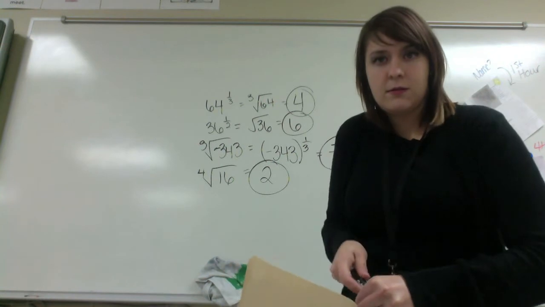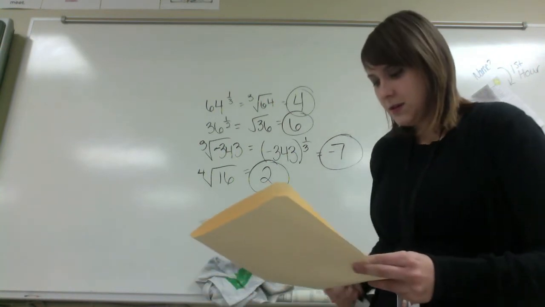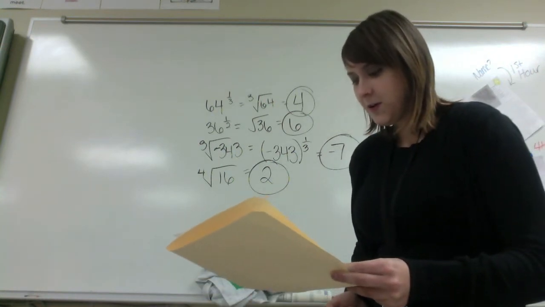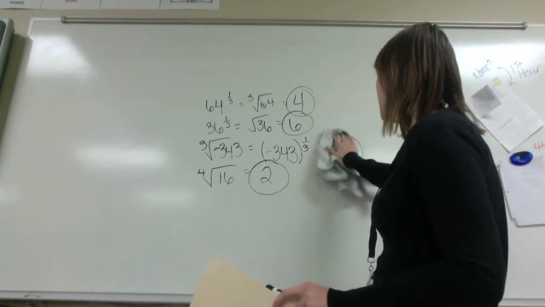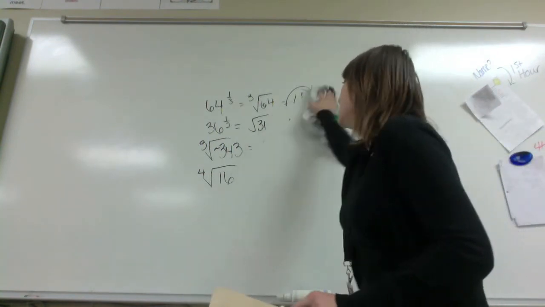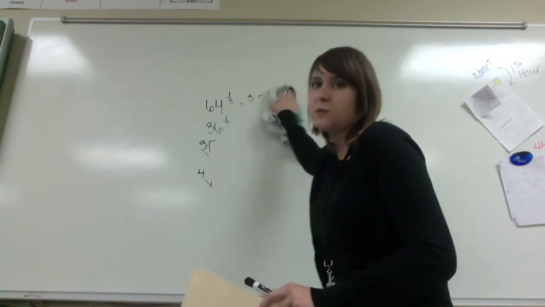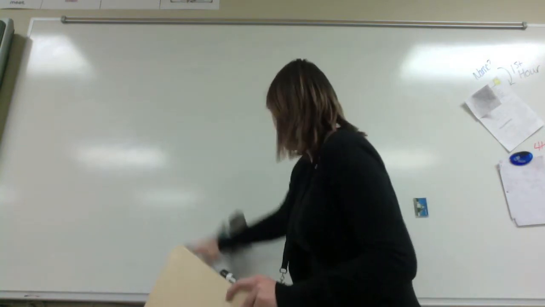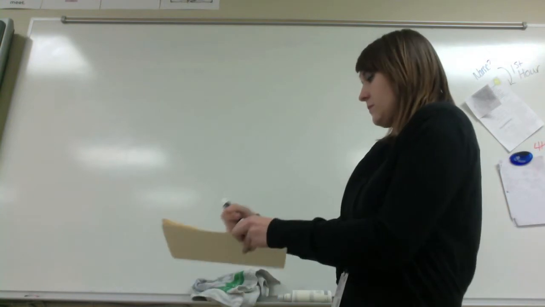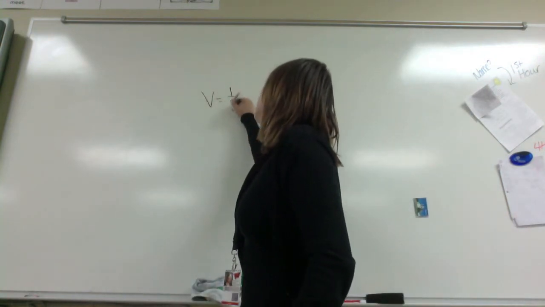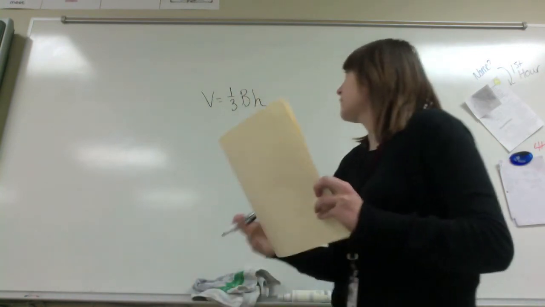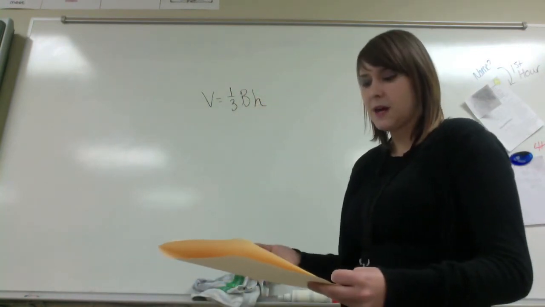All right, sounds fun. So I'm going to start with my volume formula, and I'm going to plug in the other formulas that I know, and I'm going to try to get this in terms of s, which is my edge length. So I've got V equals 1/3 base times height.